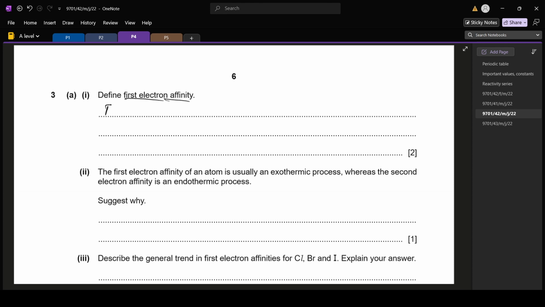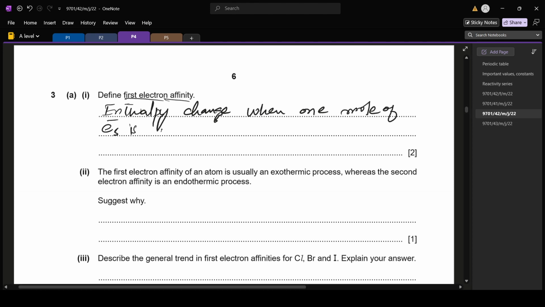So, enthalpy change when 1 mole of electrons is gained by 1 mole of gaseous atoms.